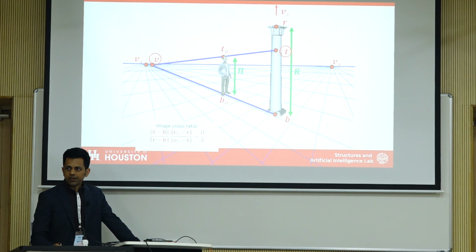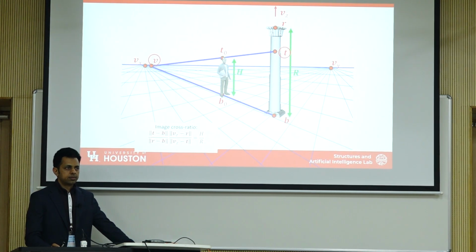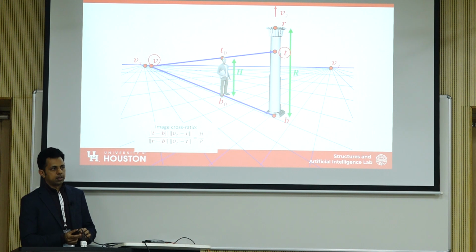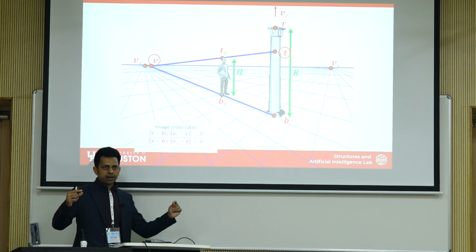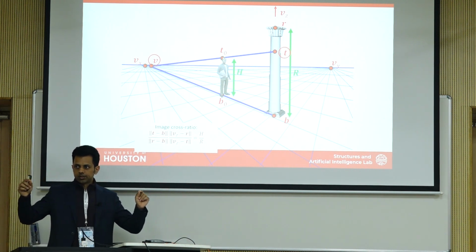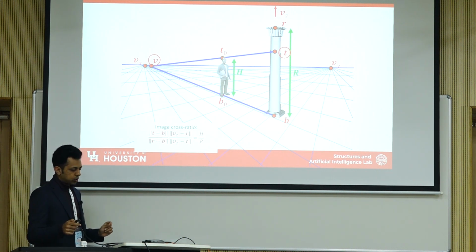How do I find vx and vy? I can do that manually, just by extending the parallel lines and finding where they intersect, and then I measure that. So I get vx and vy. If I join vx and vy, I will get a vanishing line.